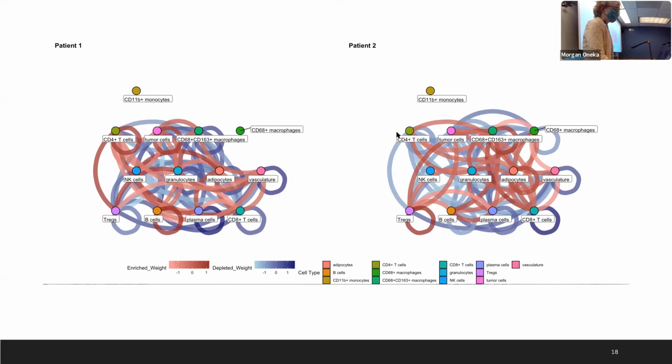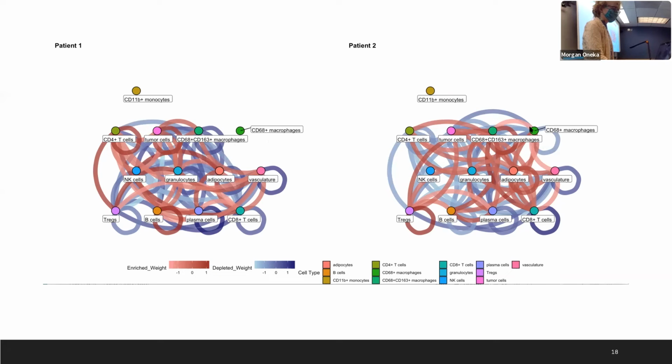So we can see that these two cell types both have important interactions in the two different patients, but for one patient, it's very likely that they are interacting, whereas with patient 2, they're very likely not to be interacting. And a second thing that we can notice is that, again, patient 1 didn't have any CD68 positive macrophage interactions that were important, but patient 2 had quite a large number of them.